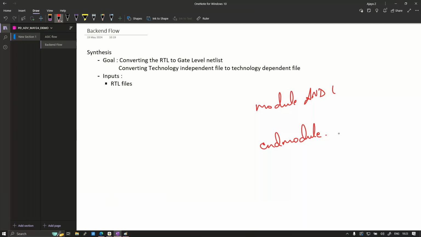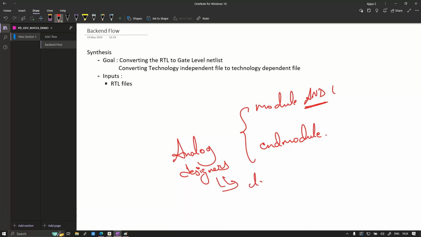Now, as this is an AND gate, it will be developed by analog designers. They work at the sub-circuitry level, purely gate level. So they will know all the layout related structure and internal stick diagrams.